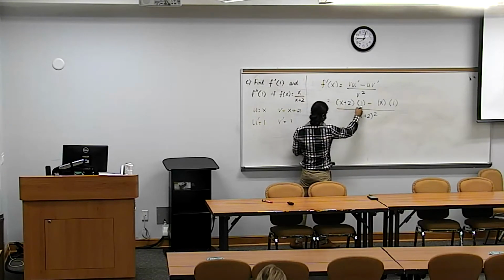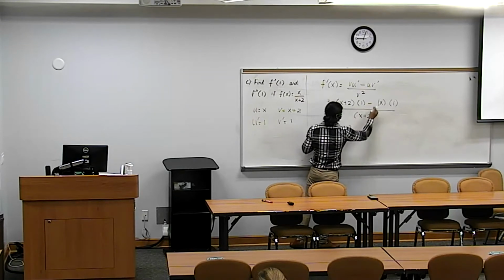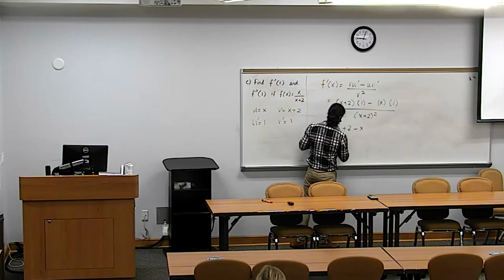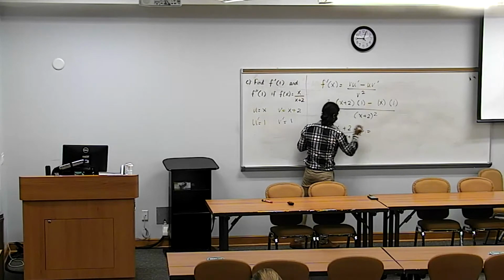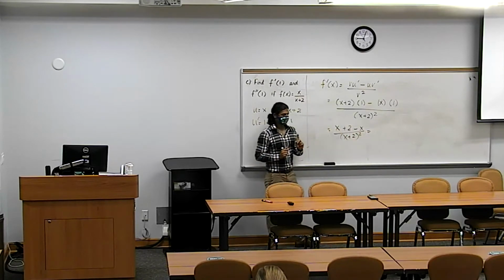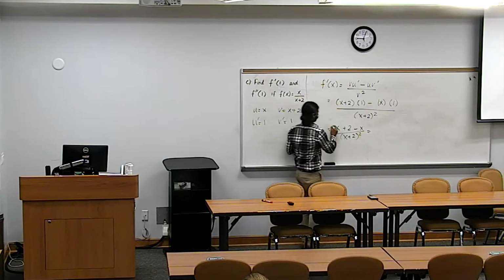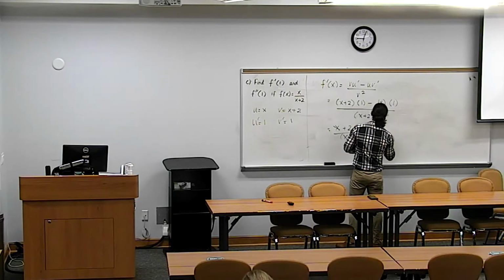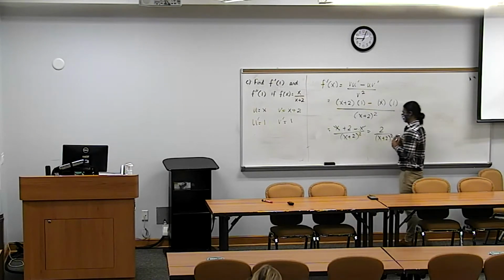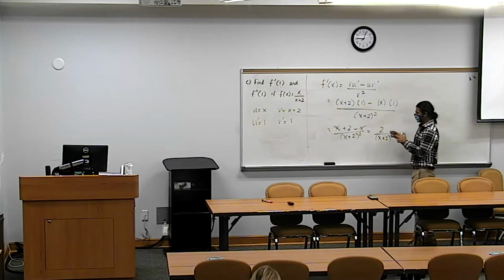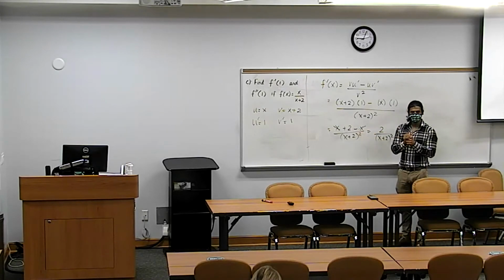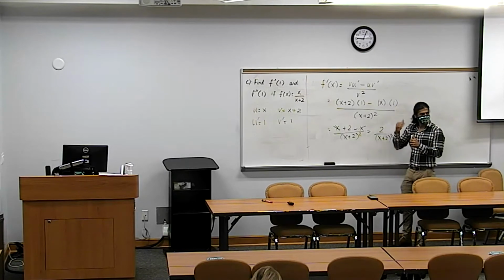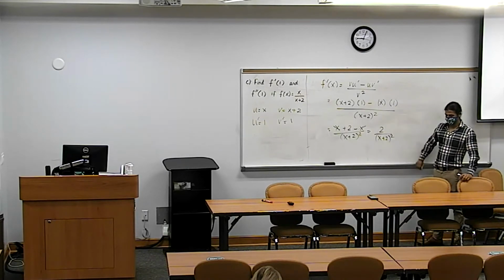X times 1 is x. 2 times 1 is 2, minus x. What happens to the x's? Cancel out. Wouldn't it be great if all our x's cancel each other out? So that is the first derivative.